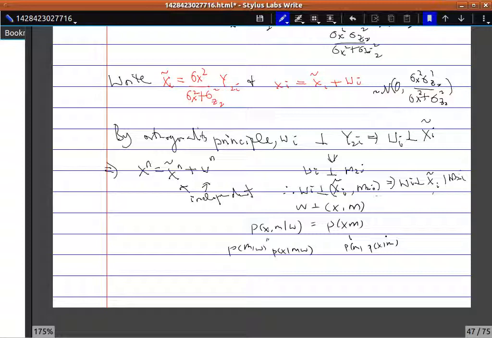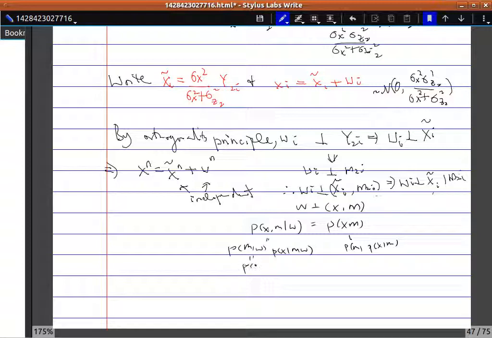Now, because m and w are also independent, p(m given w) is just equal to p(m), so this cancels, and we have p(x given m, w) equal to p(x given m). That's exactly saying that we have a Markov chain, or that x and w are conditionally independent given m.